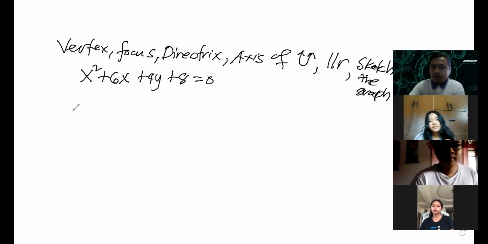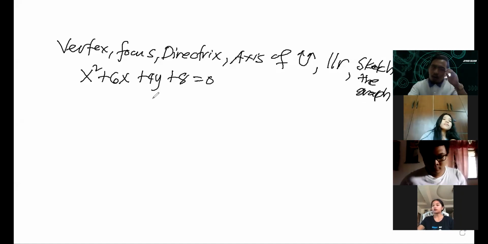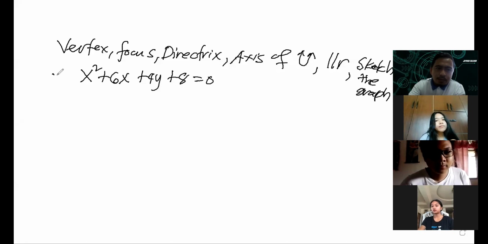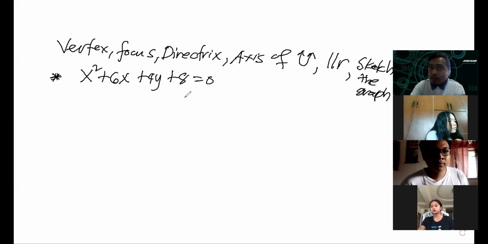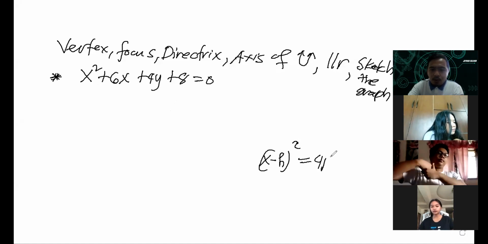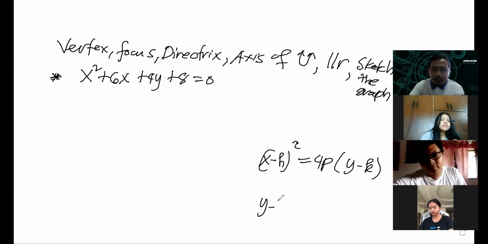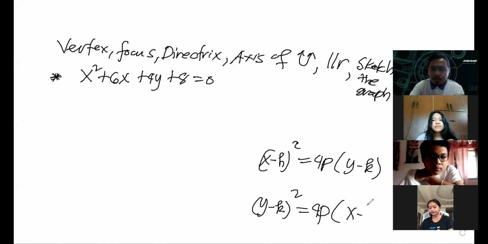Okay, so class, if you are given an equation, you need to rewrite it in either of the two forms that I provided a while ago: x minus h squared equal to 4p(y minus k), or y minus k squared equal to 4p(x minus h).